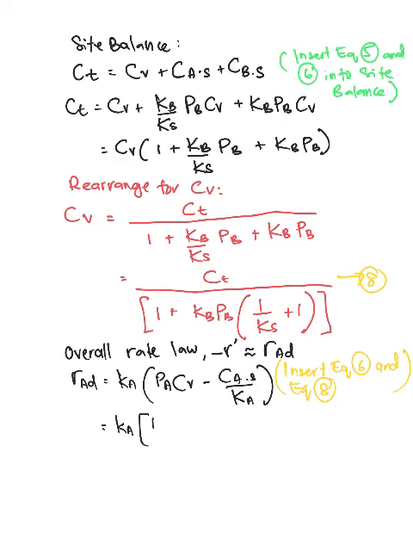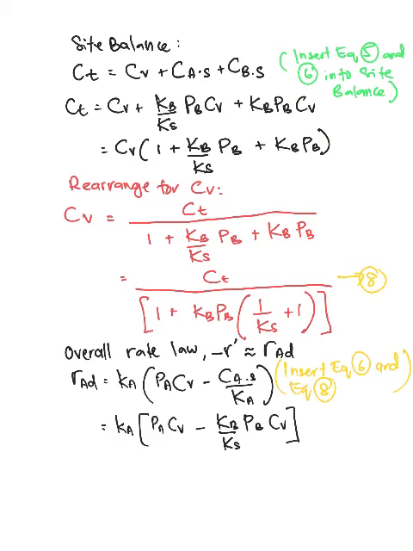Ka Pa Cv we replace later. Insert Ca·S first. Ca·S is Kb per Ks Pb Cv.